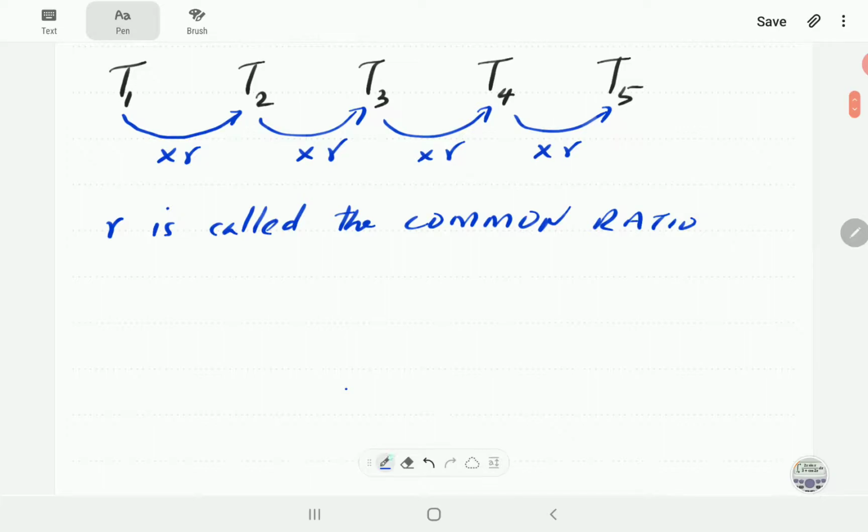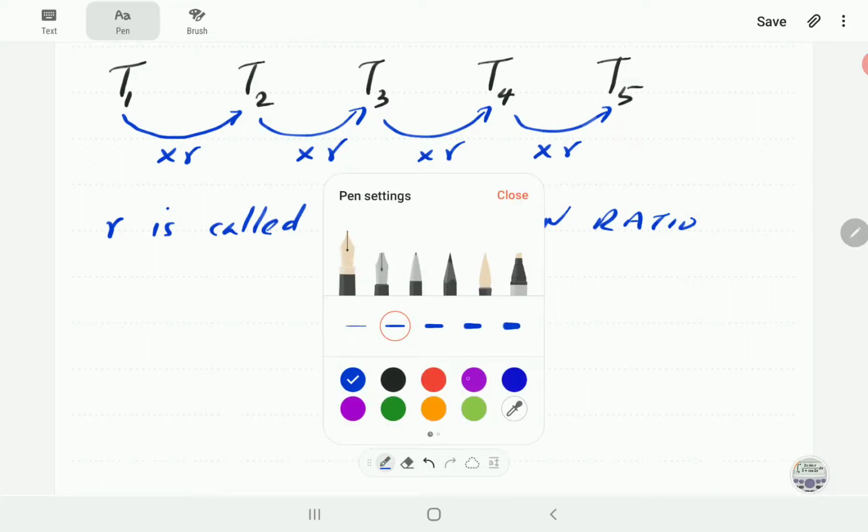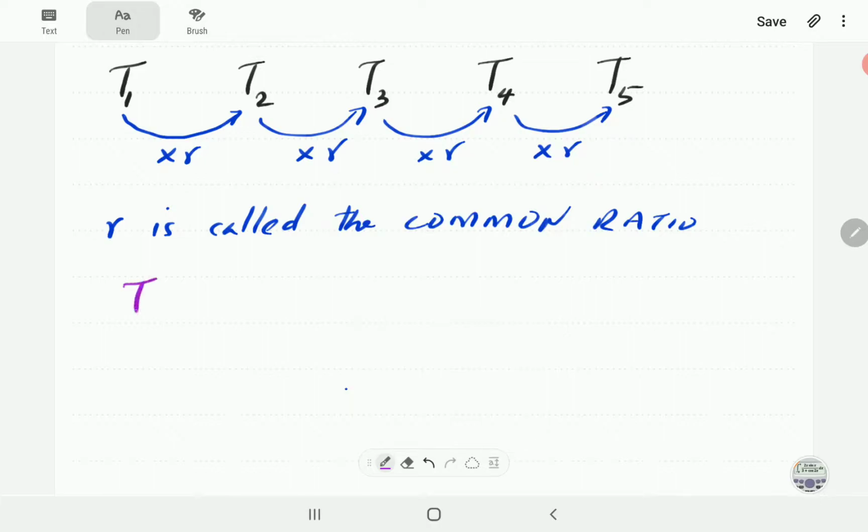Right, what this means is that we can write T2 in terms of T1. T2 is going to be T1 times r. Similarly, T3 in terms of T1, if you want to go from T1 to T3, you multiply by r twice.